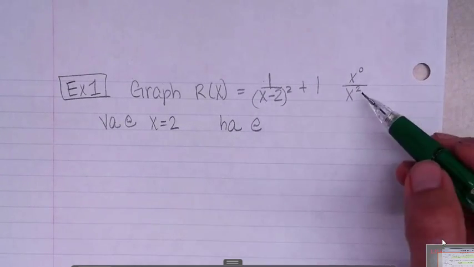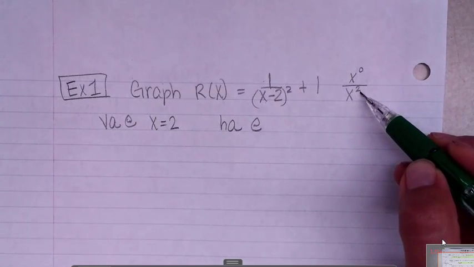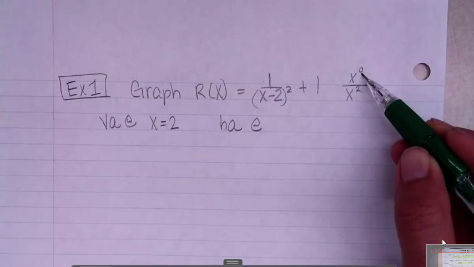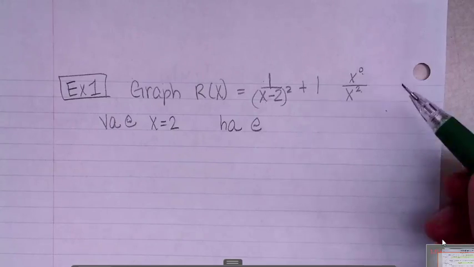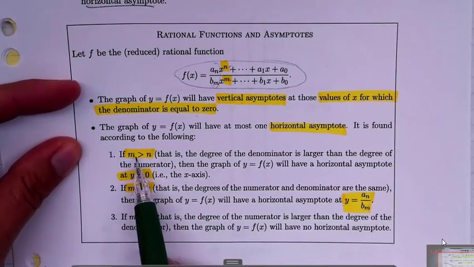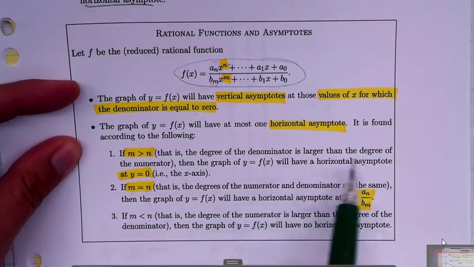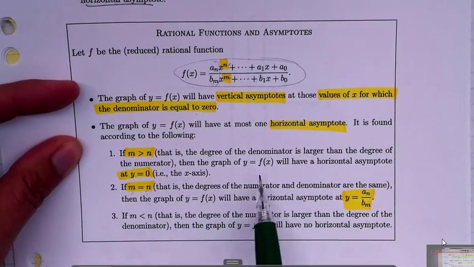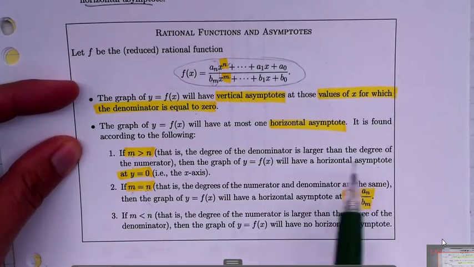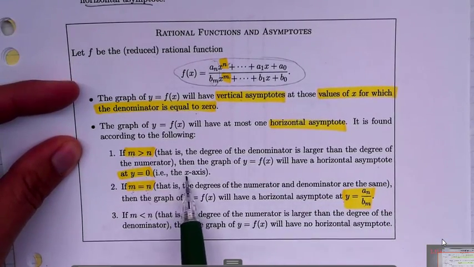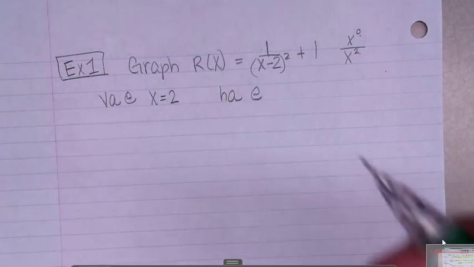So the bottom power is larger than the top power, which means we are going to have a horizontal asymptote. It looks to me like m is greater than n, so the degree of the denominator is larger than the degree of the numerator. It's going to have a horizontal asymptote at y equals 0, so at the x-axis.